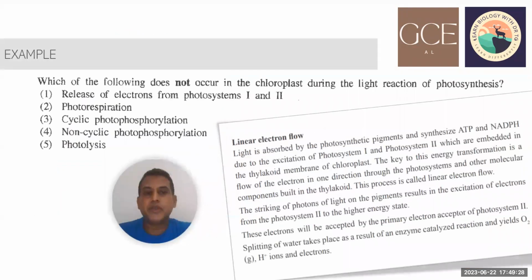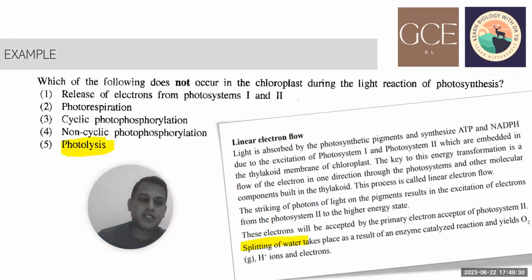Now, if you look at one of the past exam questions, this exam question asks about photosynthesis, and one of the choices given is photolysis. This is one choice given in the MCQ.